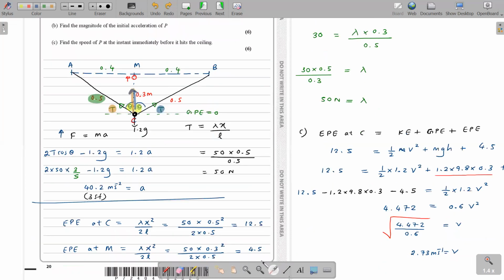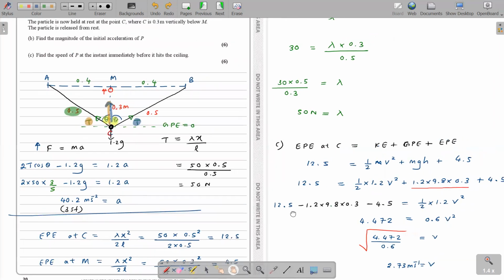You can find the elastic potential energy at C by using lambda x squared over 2L. You know this equation, you've learned it in chapter 2. This is the elastic potential energy of a string, and the extension at point C is 0.5. Just substitute the values: the lambda value is known, the extension at C is known, and the natural length is known. You can substitute all the values and get the elastic potential energy at C. That's the 12.5 here.